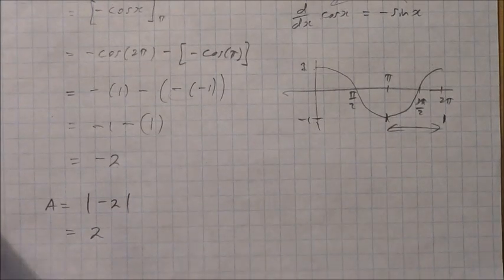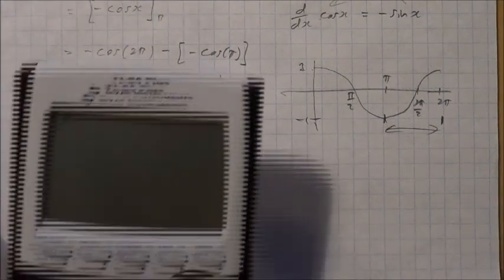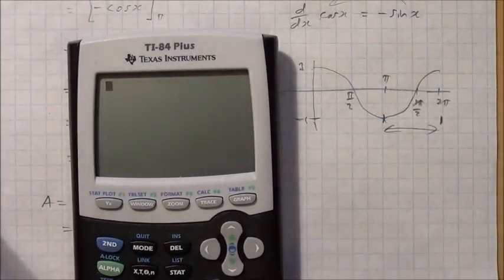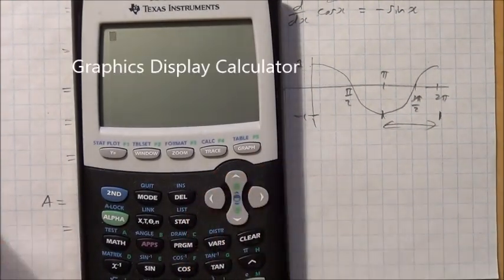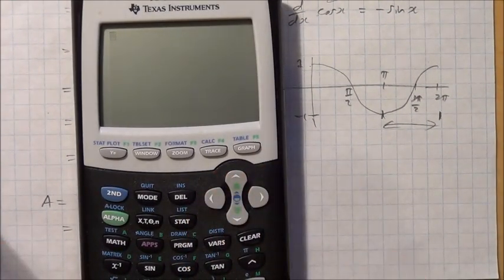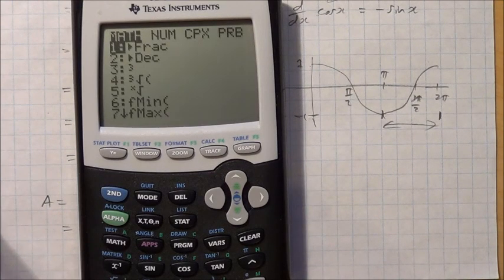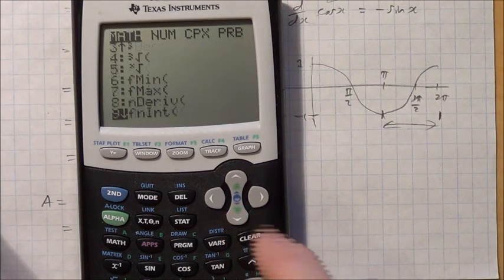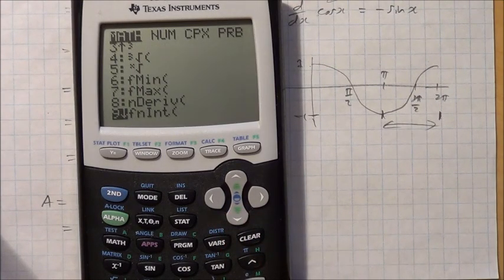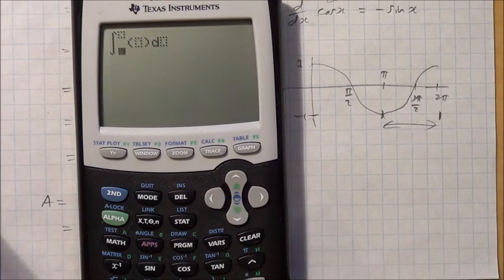Okay, so I'm just going to show you now on the calculator how to do this. We're going to do this in class tomorrow. So we're going to use this GDC, and in order to find this integral, we're going to go to Math, and then go down to the function integral and press enter.